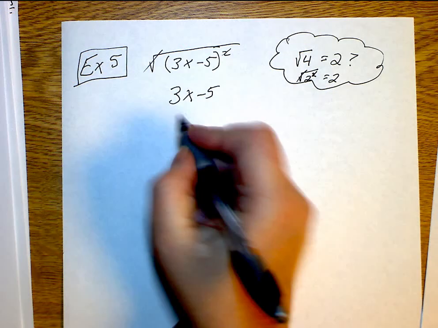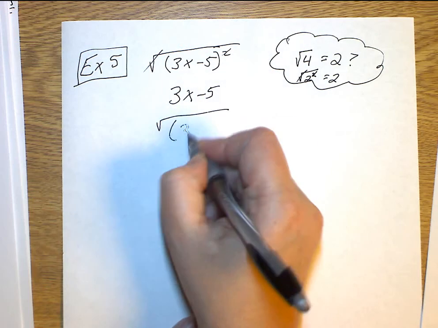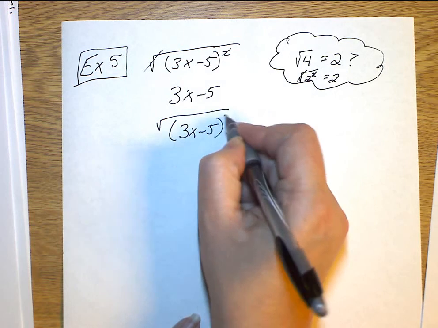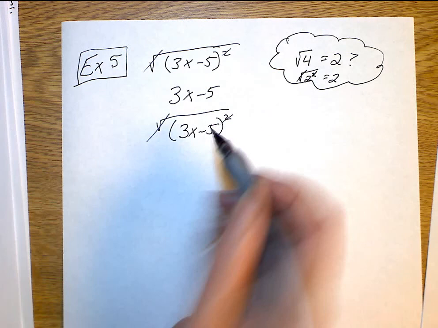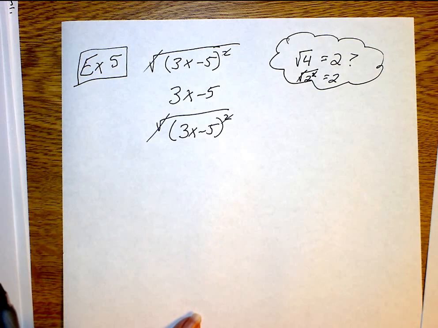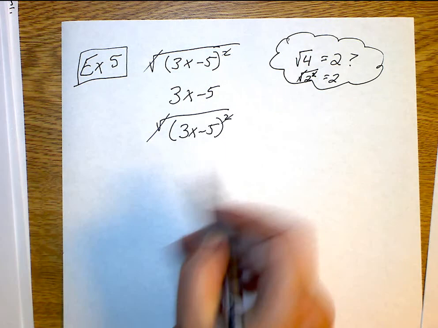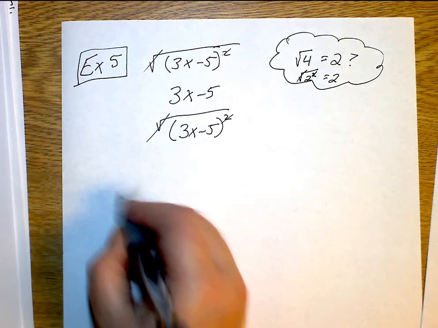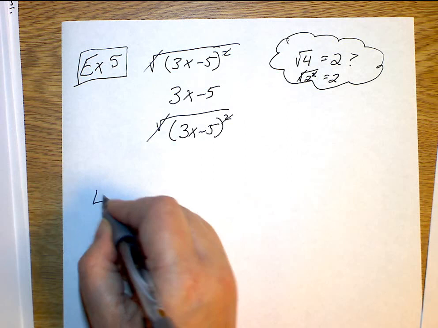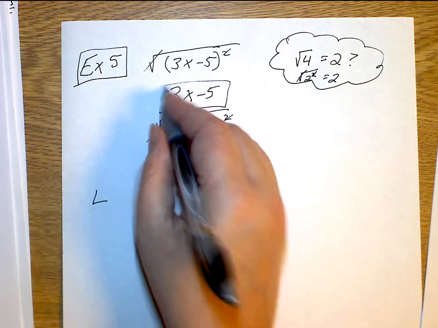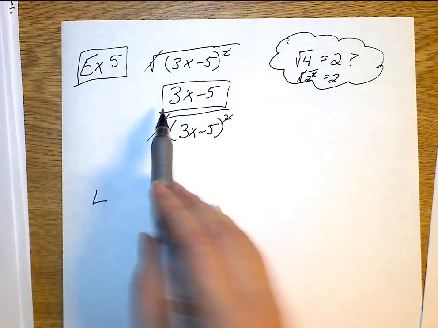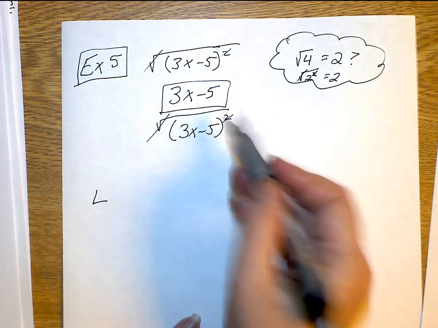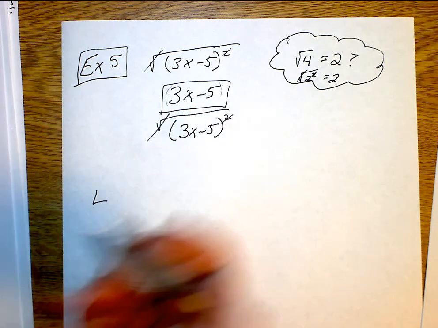Again, remember we had the square root of 3x minus 5 squared. So this square and that square root cancel. So the answer is 3x minus 5. You got rid of your square and your square root. You could keep parentheses there, but you don't need them.